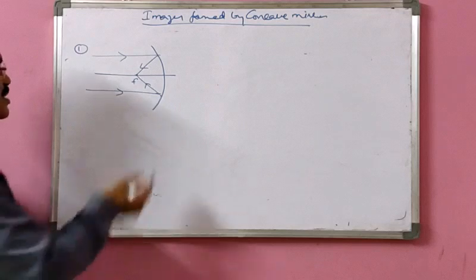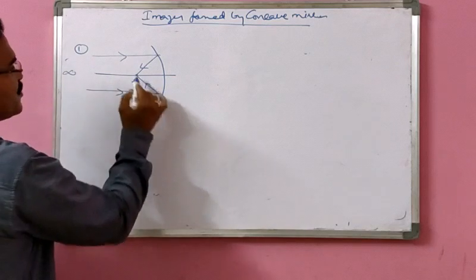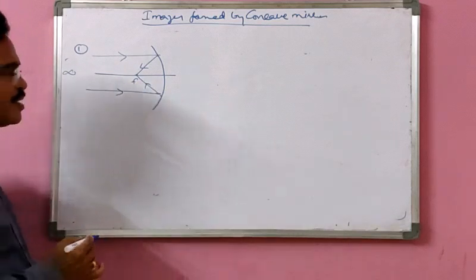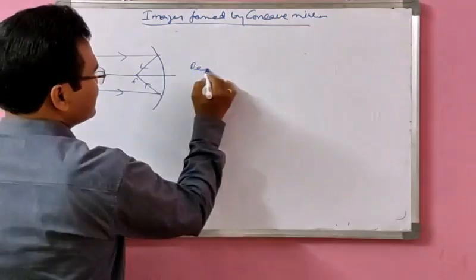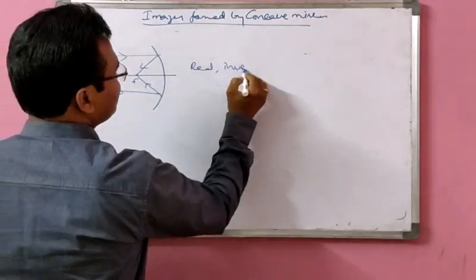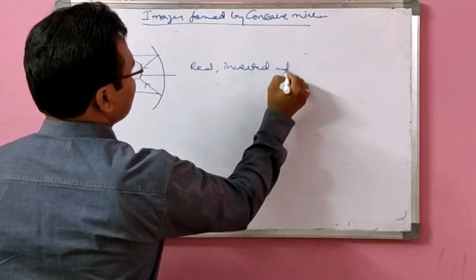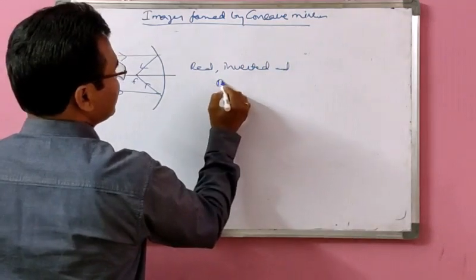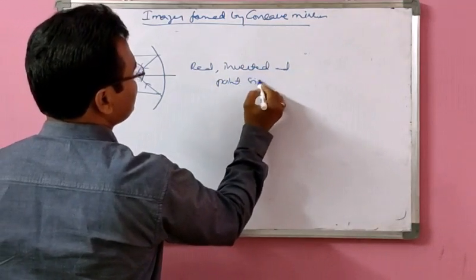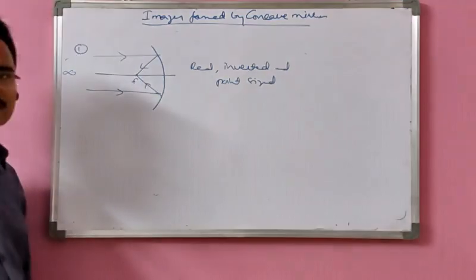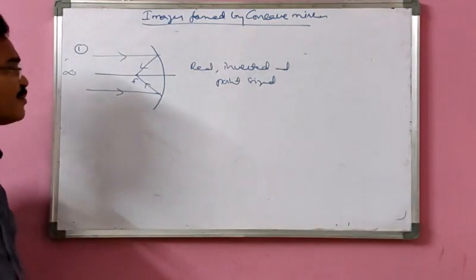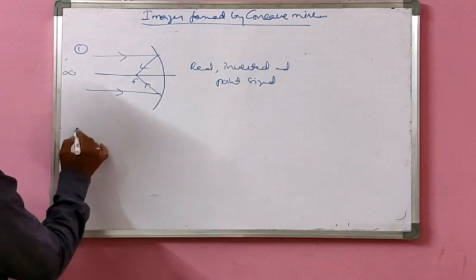That means when the object is at infinity, the image is formed at the focus, which is real, inverted, and point sized, highly diminished, very small in size. So this is the first one.